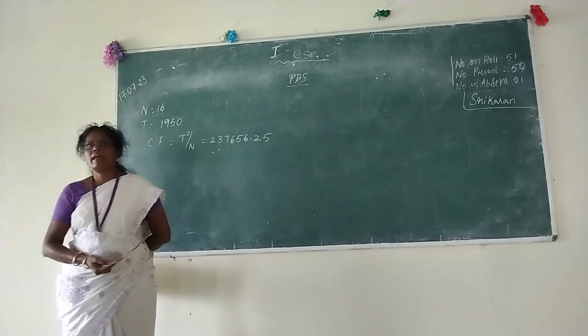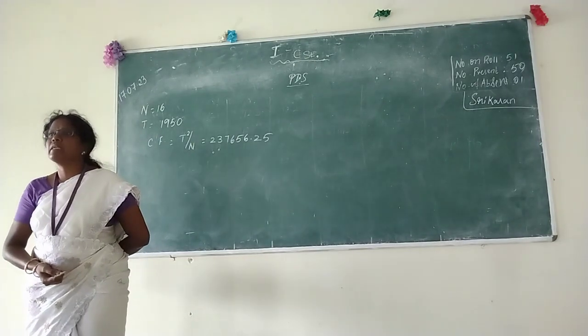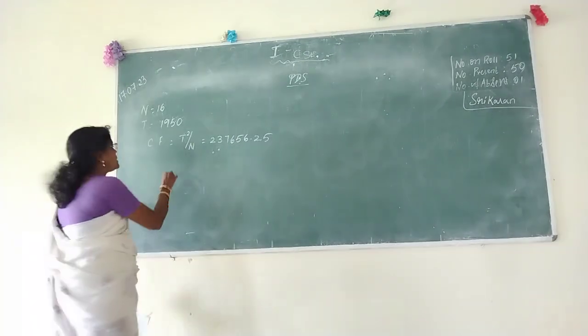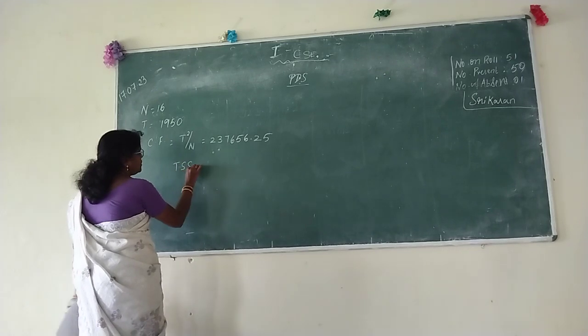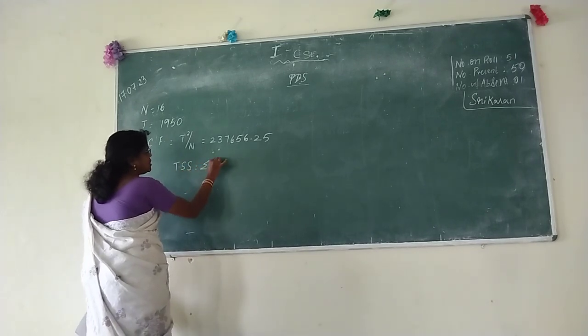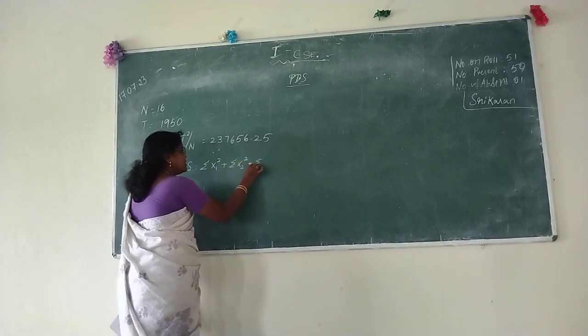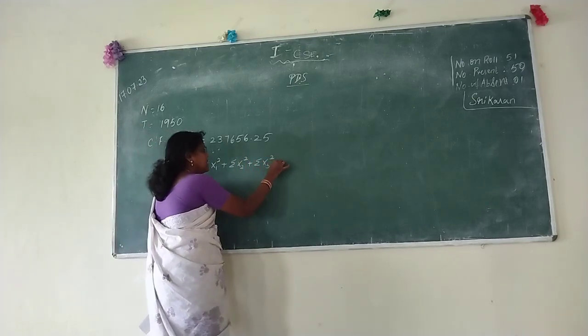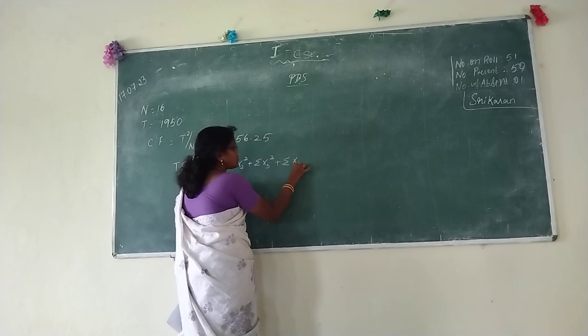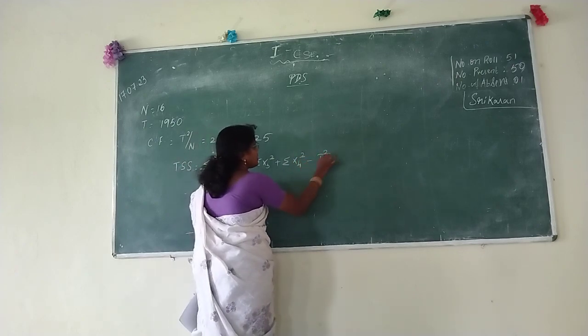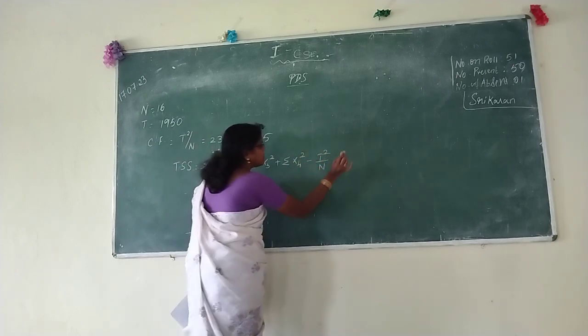So after finding the correction factor, you have to calculate what is your TSS. So TSS is equal to the formula: summation of x1 square plus summation of x2 square plus summation of x3 square plus summation of x4 square minus t square by n, the correction factor.